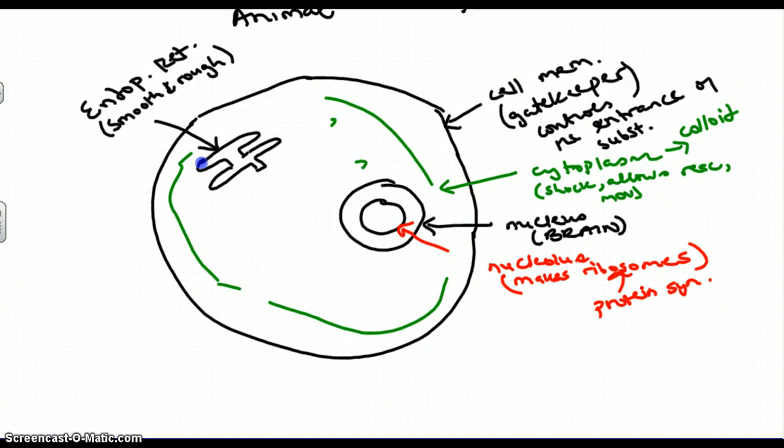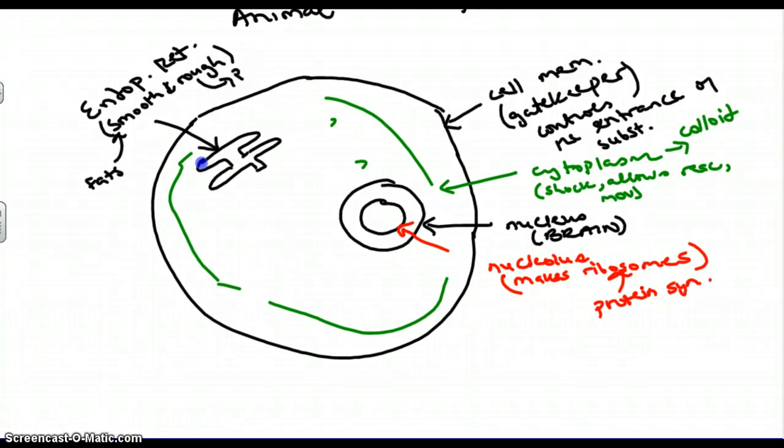The smooth endoplasmic reticulum is used to make fats. So smooth equals fats. The rough is used to make proteins.